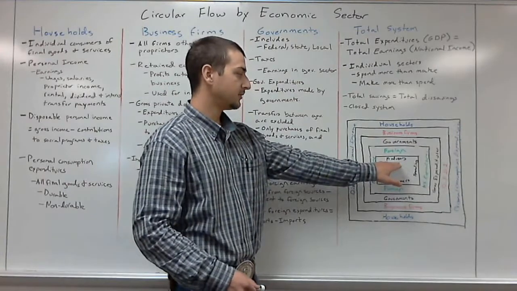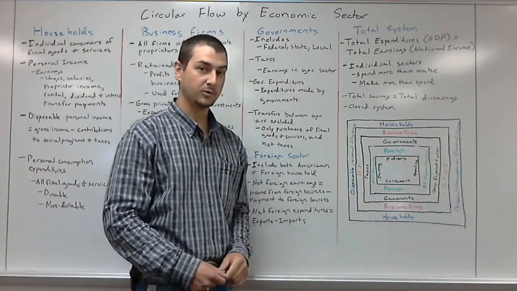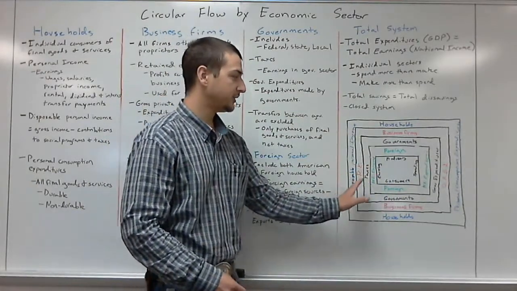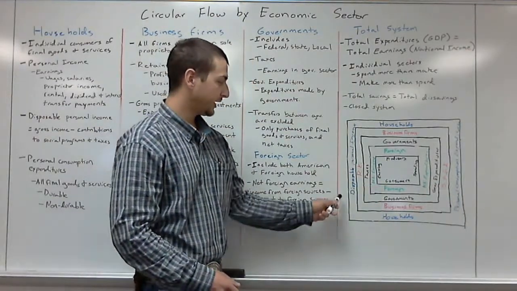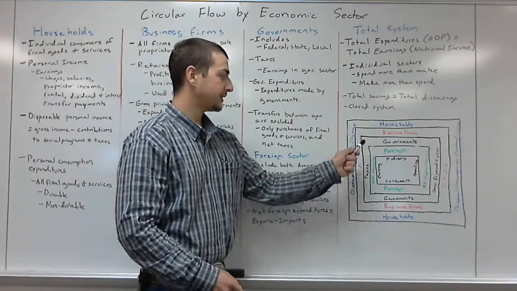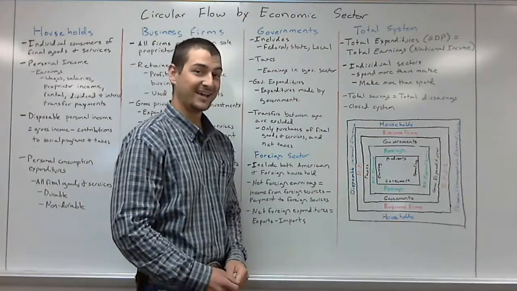Each one of these is a producer and a consumer. The way you read this chart is you ask, what are the earnings called for, say, households? That is your disposable personal income. Earnings for business firms are known as retained earnings. Earnings for governments are your taxes.